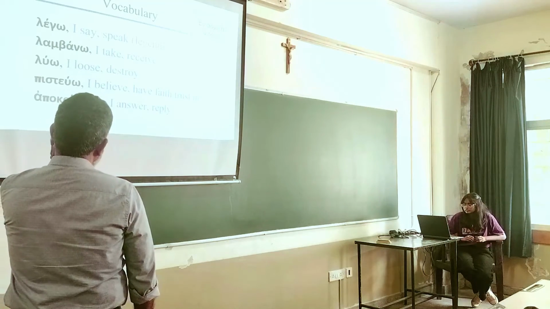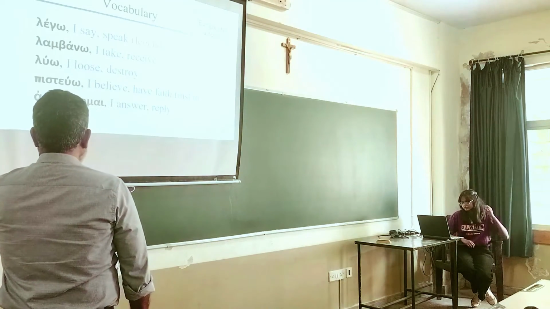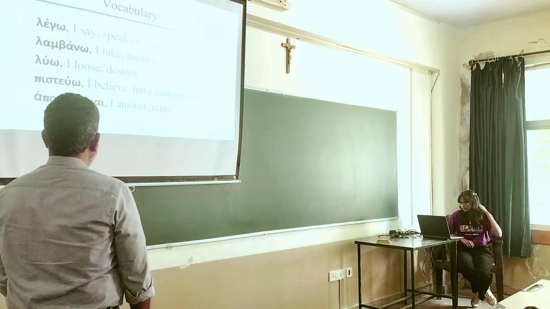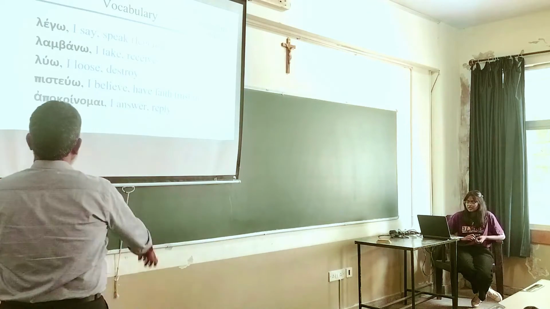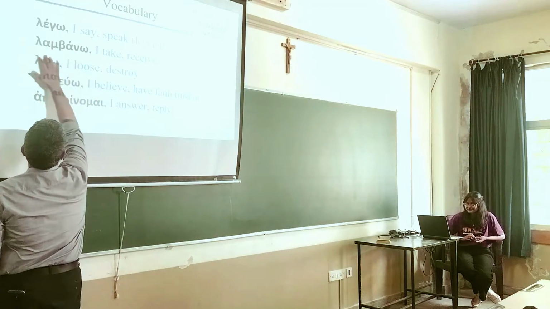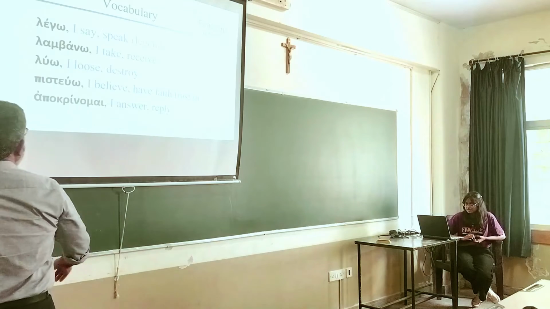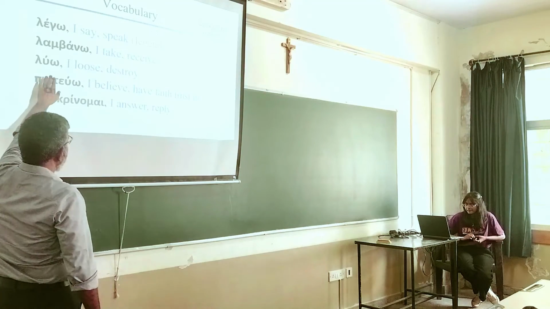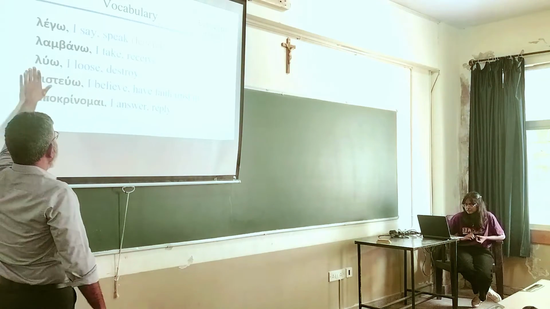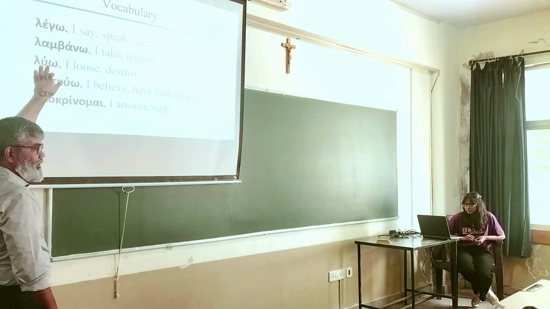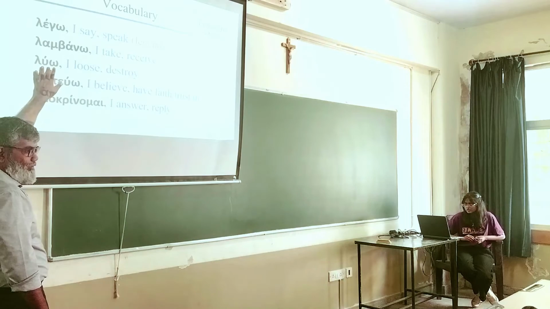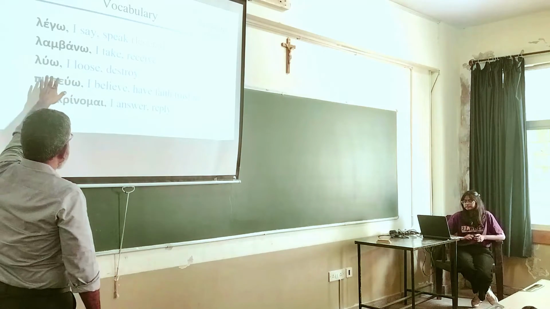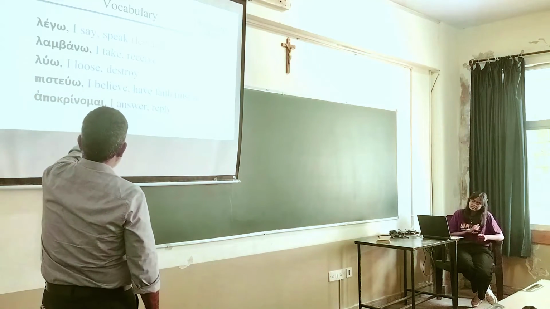Lego, a very common word, I say. Lambano means I take. Luo: next class, when you're dealing with verbs, this is the sample verb we will use for all declension purposes, because it's very simple. Luo means I loose.